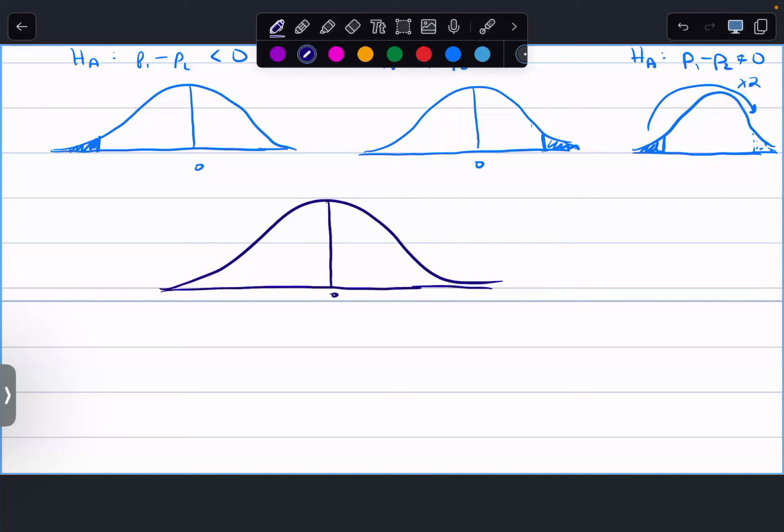Z is centered on 0, and I have some 0.2224. I can find the area in the upper tail, right? This is the one-sided p-value.